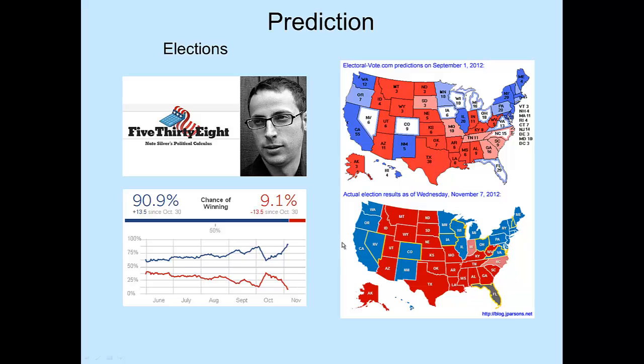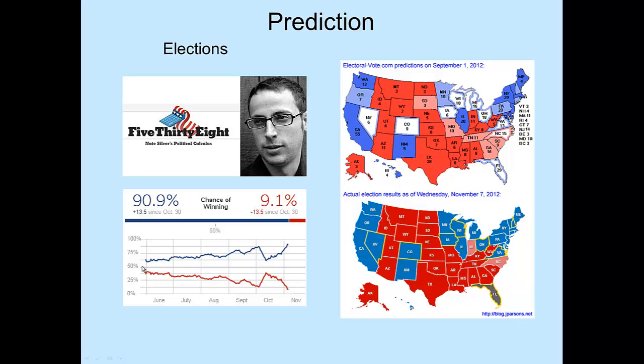So Nate Silver, who was very, very successful in predicting many of the states and how they came out in the presidential election in 2012, had a chart that he accompanied his blog or website with that tracked over time the chances of Obama winning, which was in the blue, and the chances of Romney winning in the red.